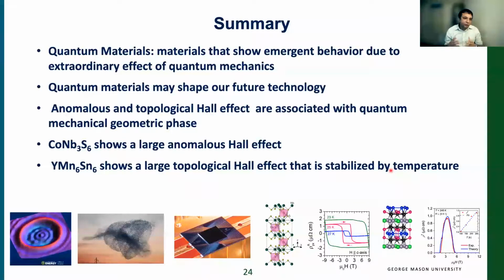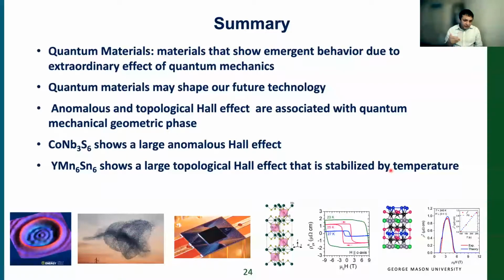So in summary, I tried to give you an introduction to what quantum materials are. These are materials that show emergent behavior due to extraordinary effects of quantum mechanics. There can be many different forms of quantum materials. And these quantum materials may shape our future technology. In fact, if we have to change our technology to the next stage, it has to go through some materials.